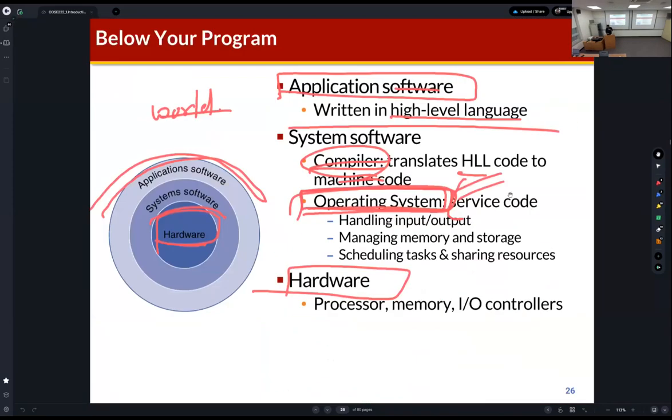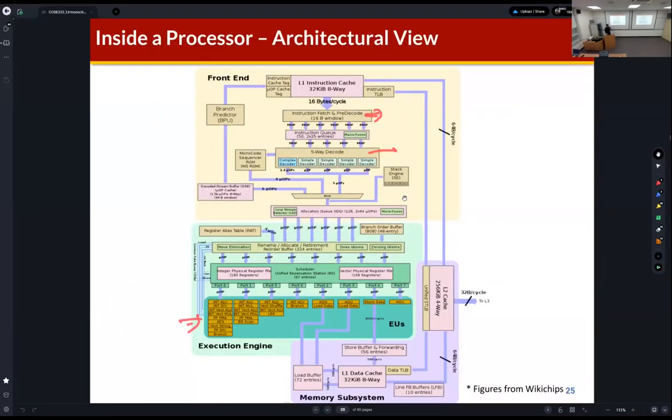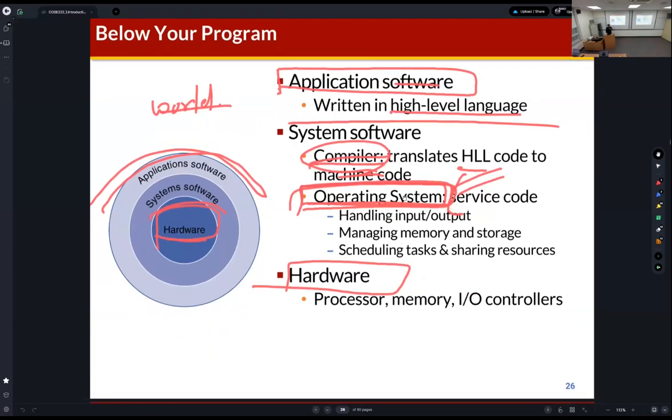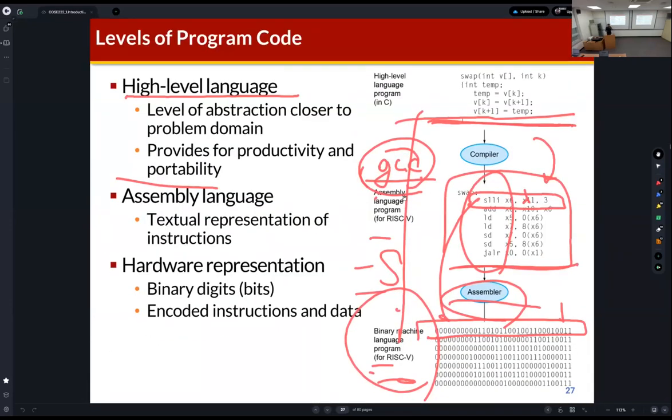So I showed some different levels of abstraction, and then I briefly explained how applications are executed by computer hardware, right? The computer hardware, like a processor, can only understand machine code.